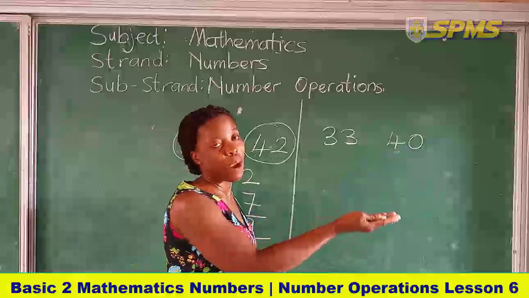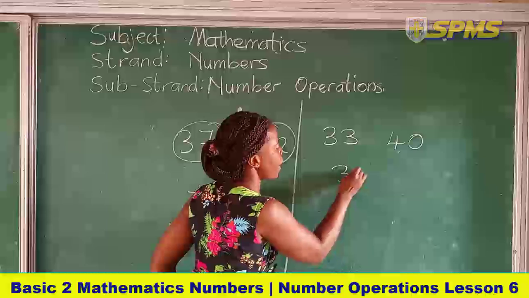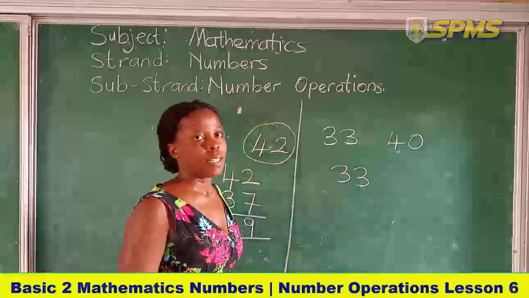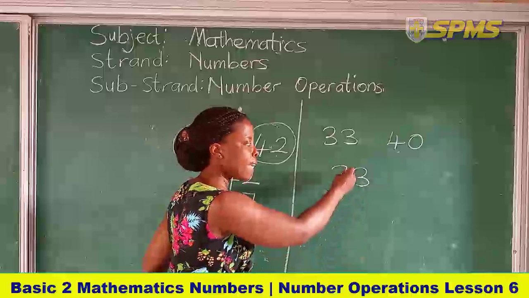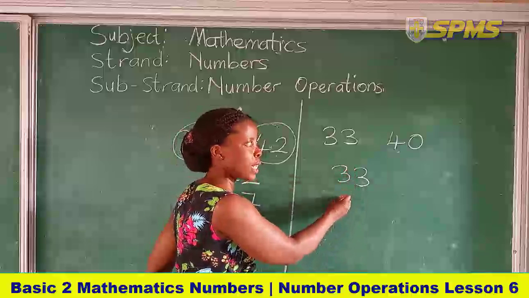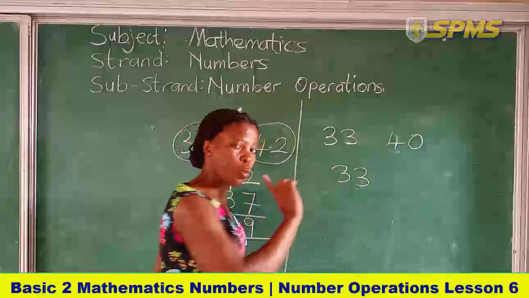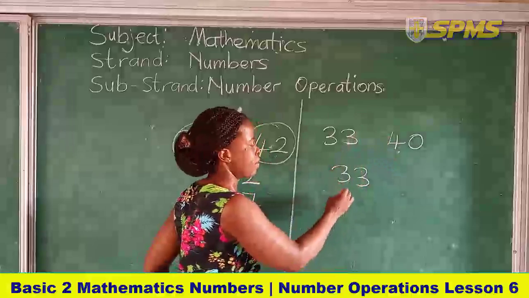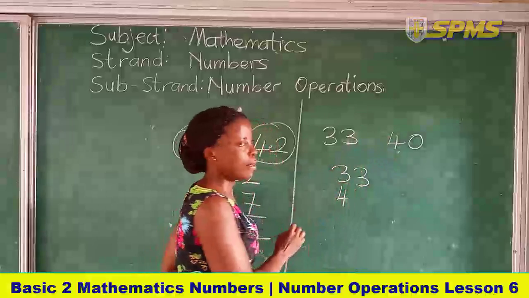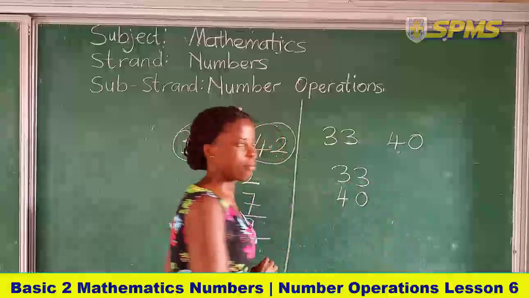So, which of the numbers will I write first? Any of them. So I can write 33 first. Then the 40 follows. Right under the first 3 because it is in the tens column. You don't write them anyhow. The tens should follow the tens. So the 4 is here. The 0 is in the ones, so you should follow this one.